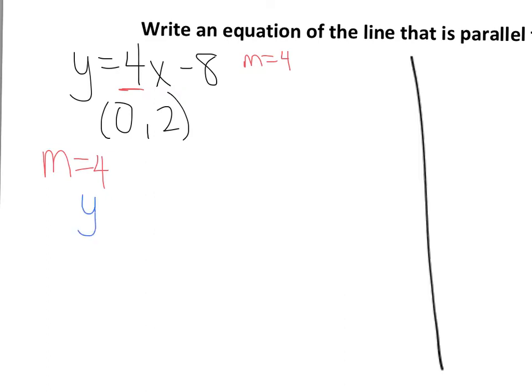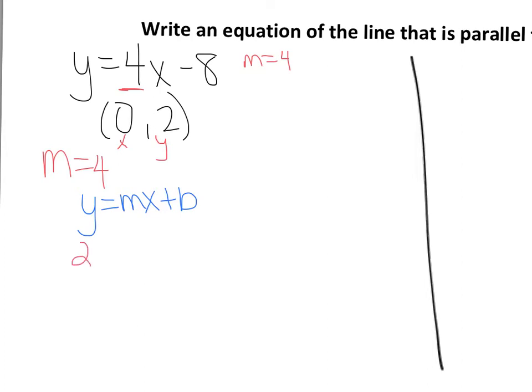Remember yesterday, if we looked at the equation of a line, we were able to plug in a number for y, a number for m, and a number for x. Well, we already know what the slope is, and I also know that this line passes through (0, 2). So I have an x and I have a y.